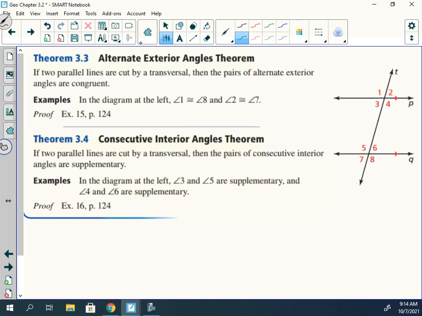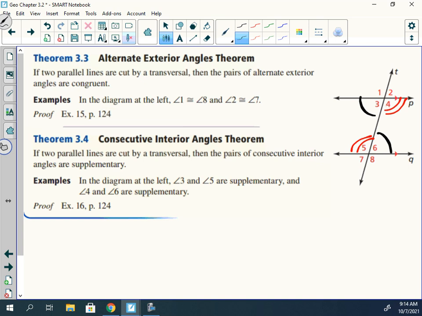So alternate interior angles told me that 3 and 6 are congruent. It also told me that 4 and 5 were congruent, yes? What do I know about 3 and 2? 3 and 2 are a special type of angle from last chapter.